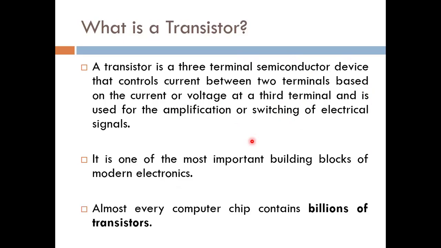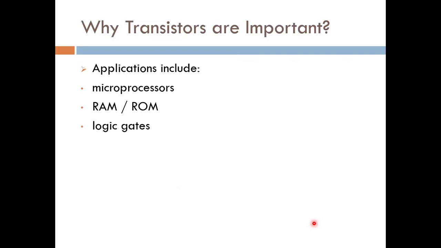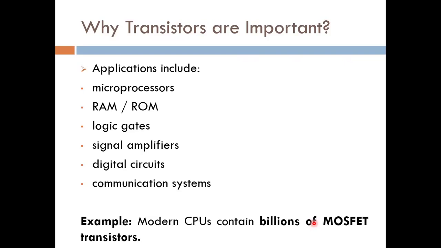So almost every computer chip contains billions of transistors. So we can imagine this number. A single chip contains billions of transistors. So now from this we can realize why they are important. They are important due to their applications such as microprocessors, RAM, ROM, logic gates, which are studied in digital logic design, signal amplifiers, digital circuits, communication systems.